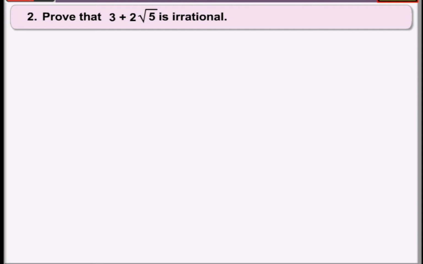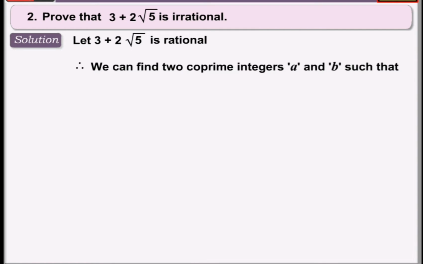Prove that 3 plus 2 root 5 is irrational. Solution. Let 3 plus 2 root 5 be rational. Therefore, we can find two co-prime integers a and b such that 3 plus 2 root 5 is equal to a upon b, where b is not equal to 0.